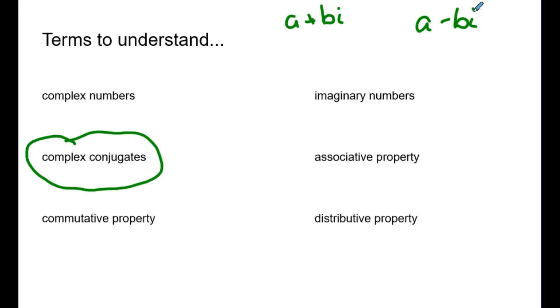For a specific example, if we had 7 plus 2i, that complex number, the complex conjugate is going to be 7 minus 2i. The only thing that changes is the sign between our real and imaginary part for a complex number. Just want you to have a basic idea of that. We're going to use that more in the upcoming lessons.